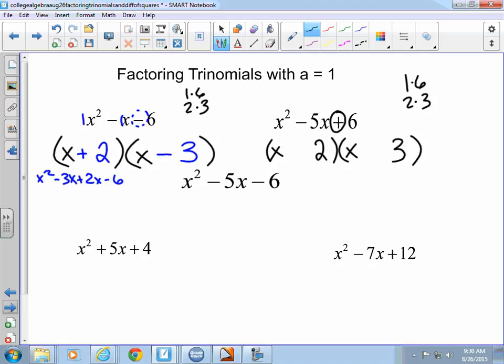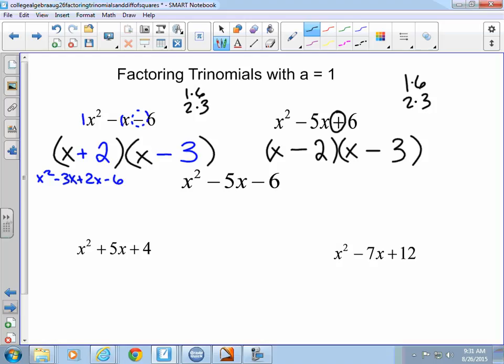How could they combine together to give us -5 and be the same sign? Both negative. So, something we learned: if this is a negative, they will have opposite signs, we will think subtract. If this sign is positive, they will have the same sign, and we will add. Questions about that?